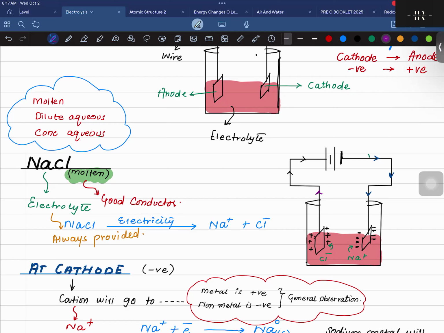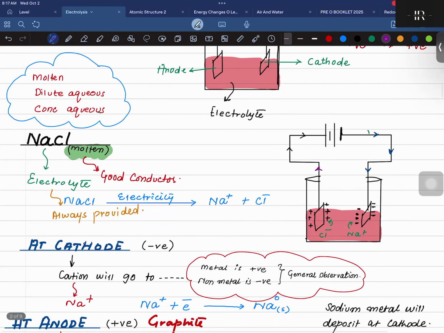Right now I'm taking sodium chloride. When I break down this sodium chloride, I would be getting sodium and chlorine. So this is molten sodium chloride.